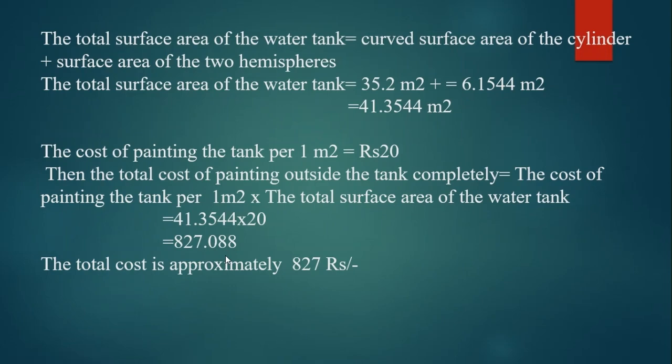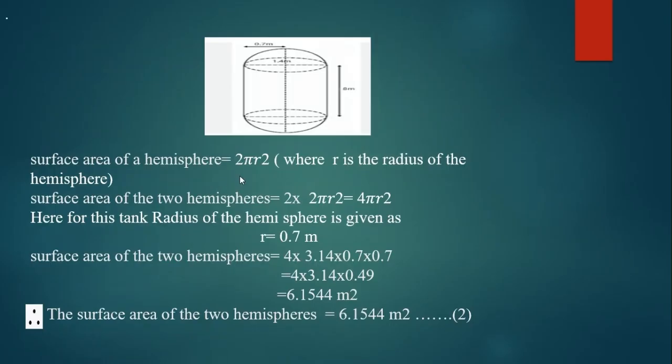Okay, here we have calculated everything from the given information only. Only the diameter is given, radius we have calculated. And if we are able to imagine the structure of the tank, having two hemispheres, either side, and the right circular cylinder here, it is easy for us to find the total surface area.